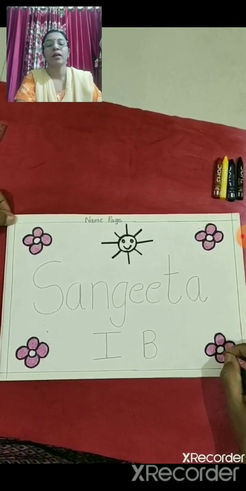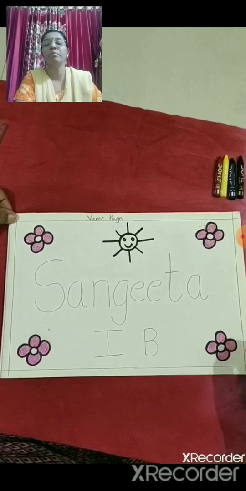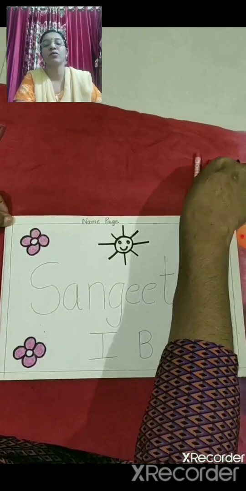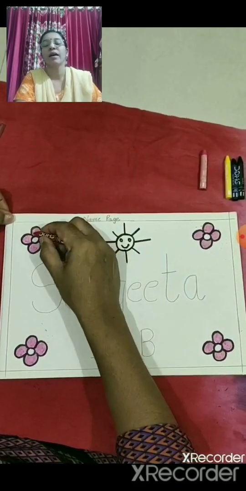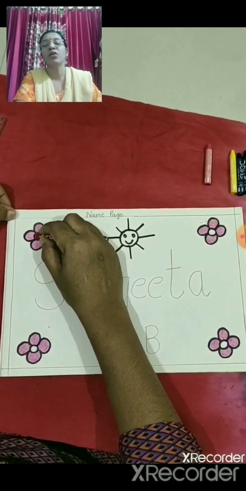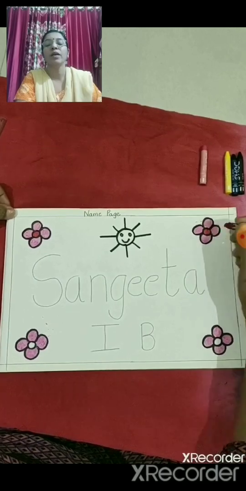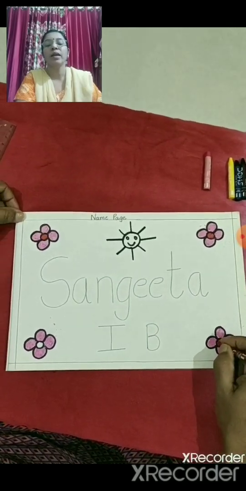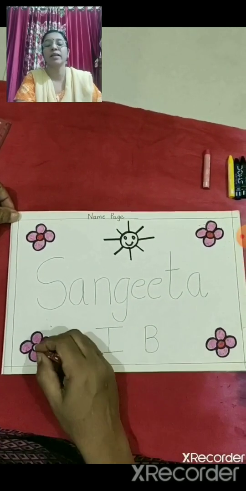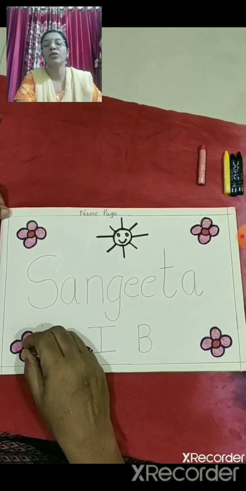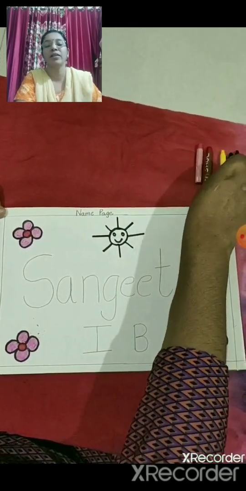Right? Now we are going to color the middle portion of the flower. So which color will I take? Red color. Children, will not give the same color for the middle portion of the flower. Okay, so you will give any dark color. So I have taken red color, the combination of pink and red.